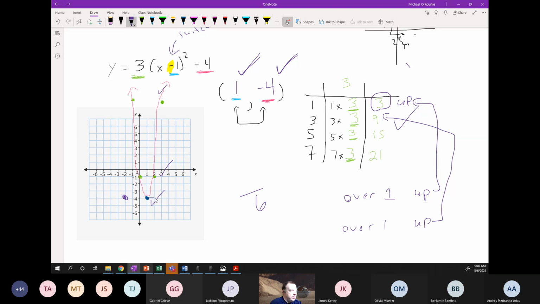So we went over 1 and then up 3. The same thing happens on this side. We go over 1 and up 3. And then the next one, we went over 1 again, and this time up 9. Does that help to see, Yosan? Yes, it makes sense.